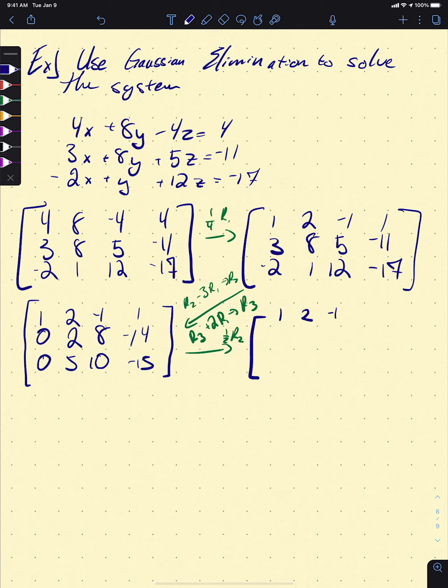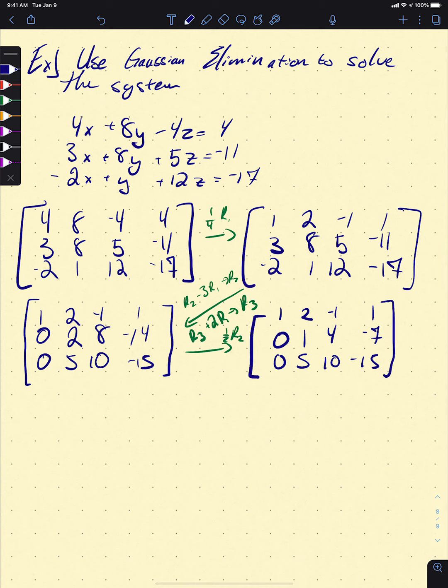My first row doesn't change. My last row doesn't change. And my middle row gets divided by 2. 0 divided by 2 is 0. 2 divided by 2 is 1. 8 becomes 4. Negative 14 becomes negative 7. And I'll redraw that bracket.